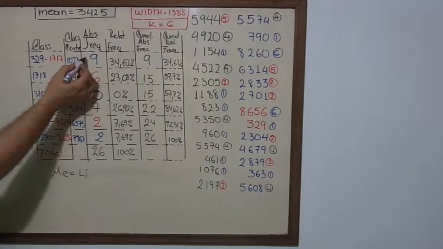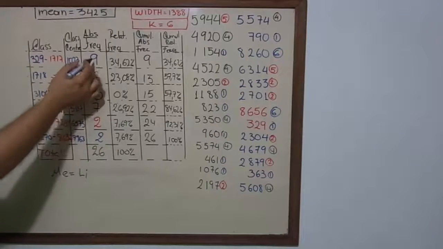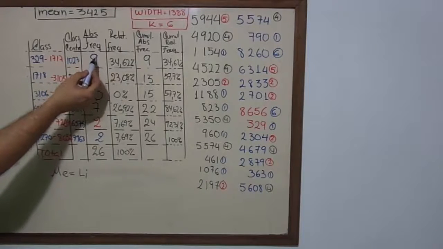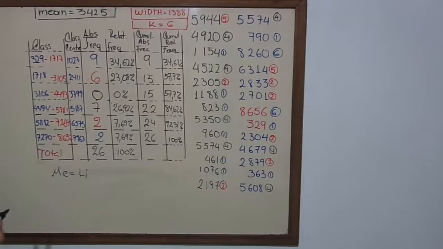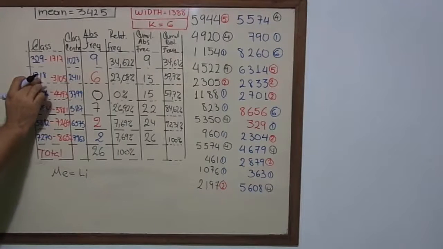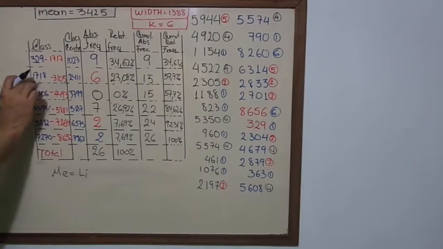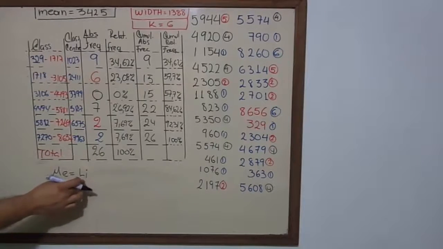And that is in the second class? Yes, because we got 9 plus 6, that's 15, so that means that the median is in this class, between 1,718 and 3,105. So the lower limit of this is 1,718. This is the number here.